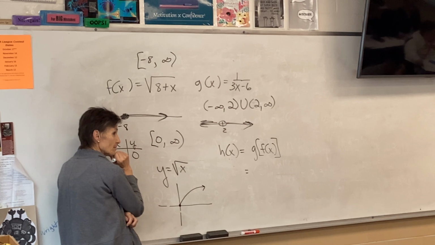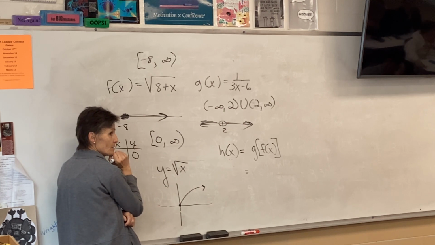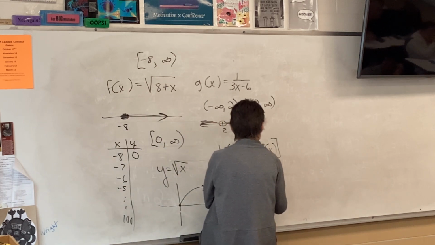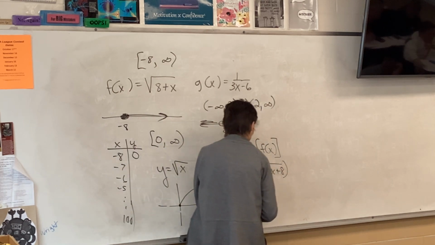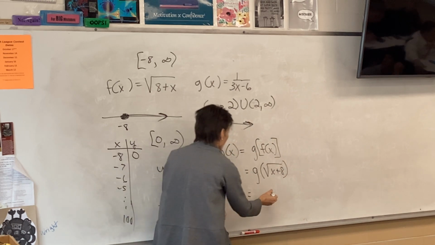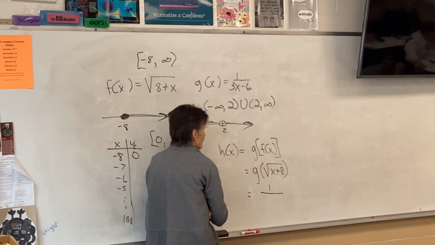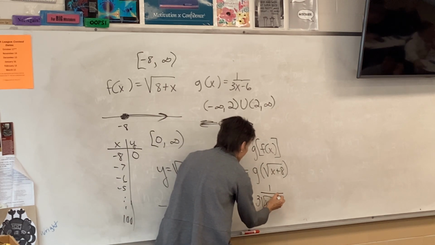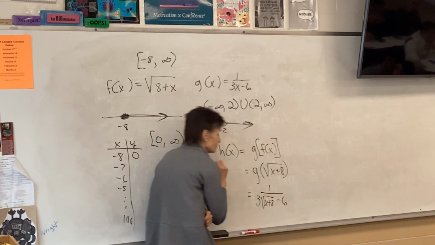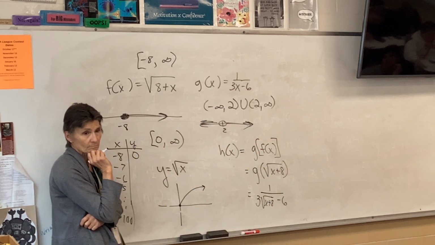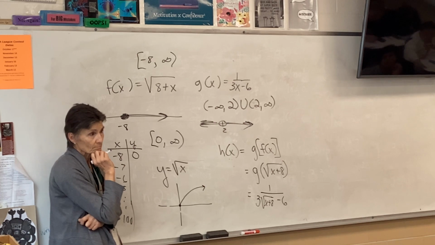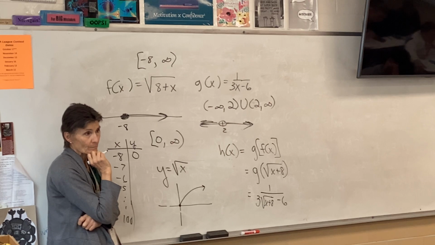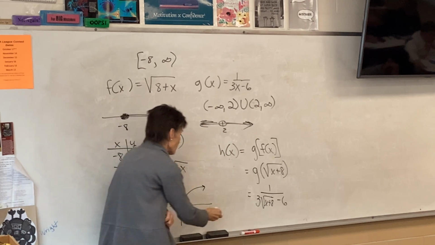Plug F into G. So that's gonna be G of the square root of x plus 8. So that's gonna be 1 over 3 square root of x plus 8, minus 6. Would you agree with that? So that's my function.